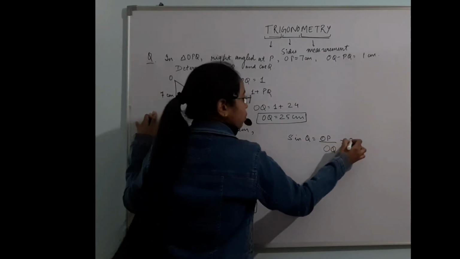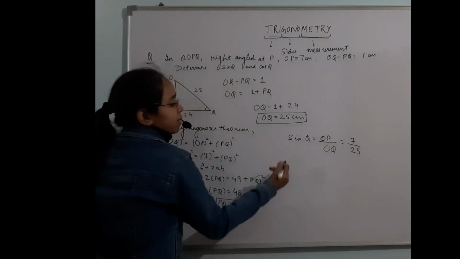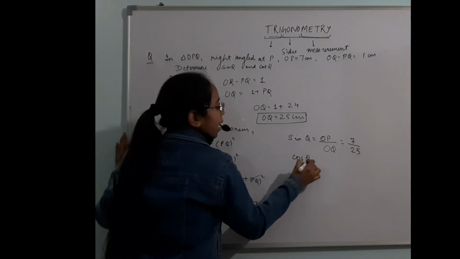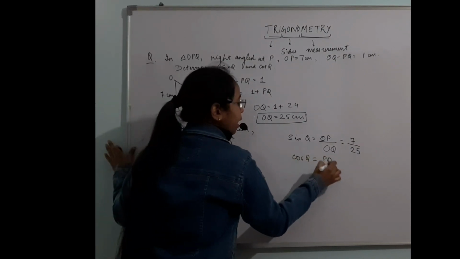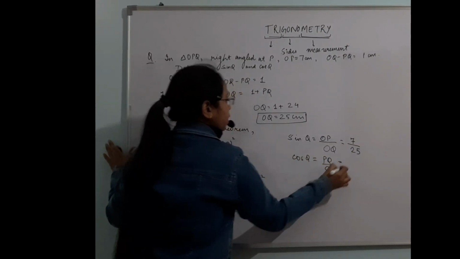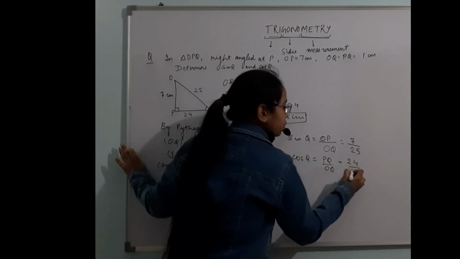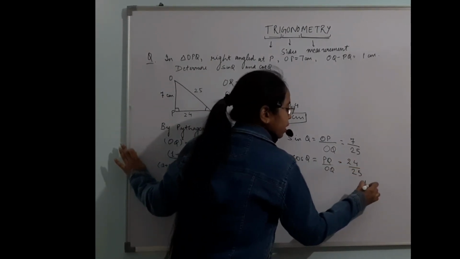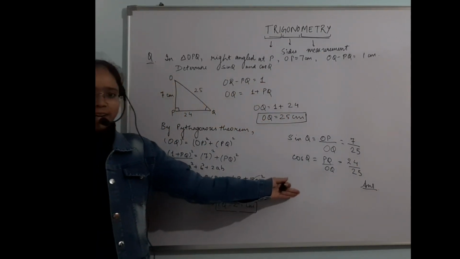So perpendicular OP is 7 and OQ is 25. This is our sin Q, and cos Q is base PQ upon hypotenuse OQ. So PQ is 24 and OQ is 25. This is what we are required to find. So this is our required answer.